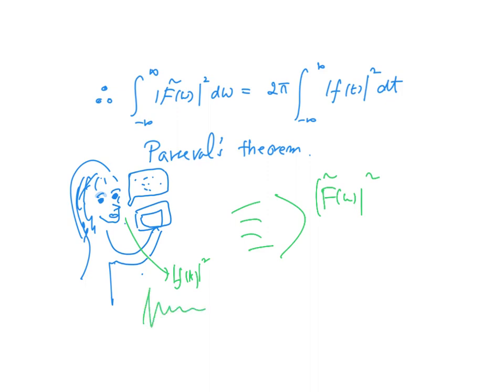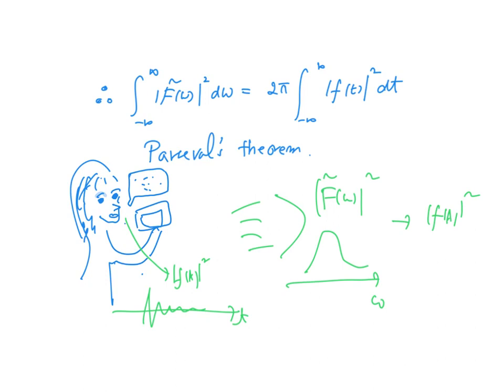So something like this in t, and then it's transformed to something like this in omega, and so the total energy in the time function, when integrated over frequency from minus infinity to infinity, is preserved in the frequency domain function, and then can be converted back to f(t) square again, right?